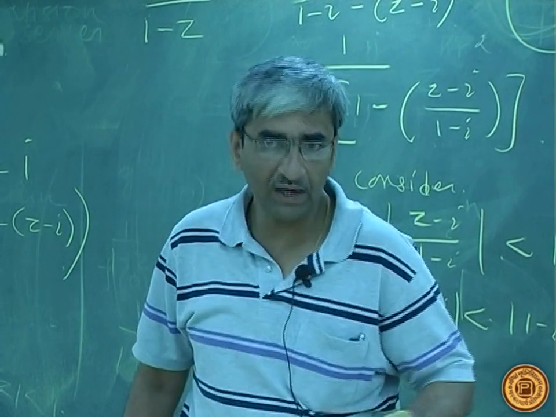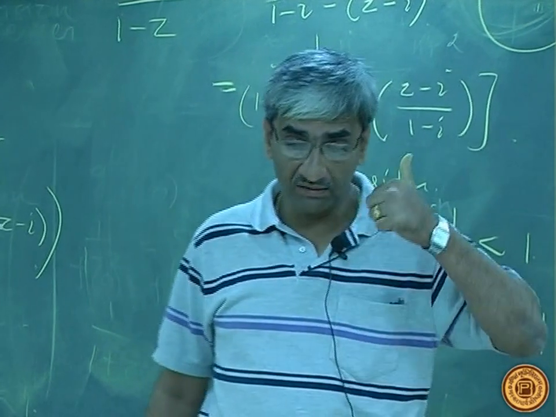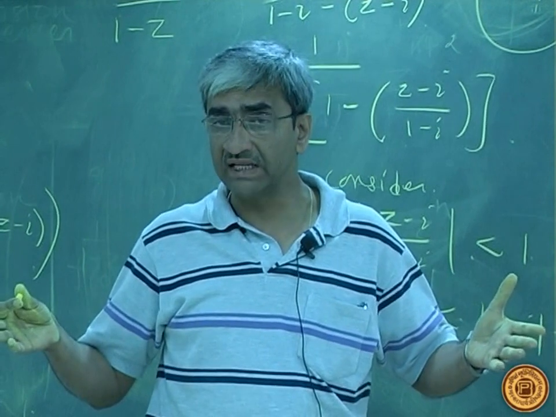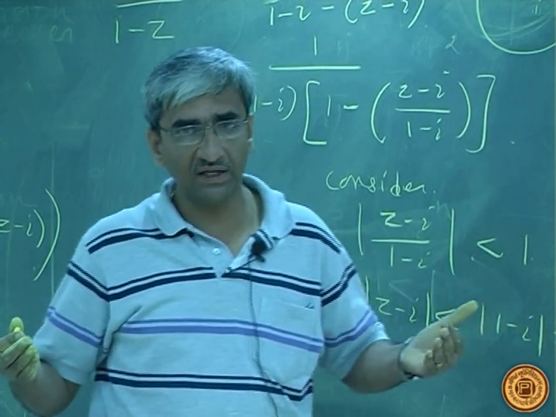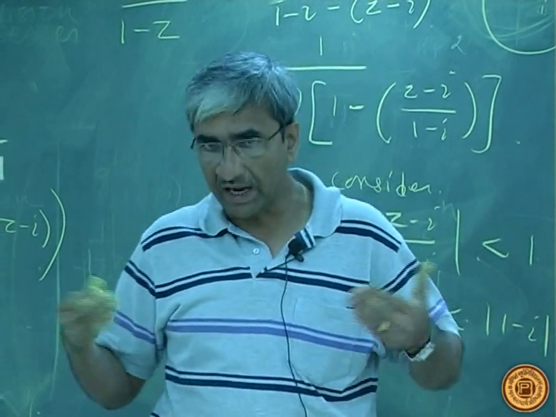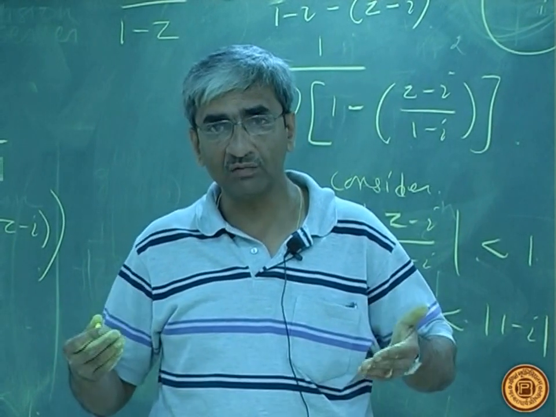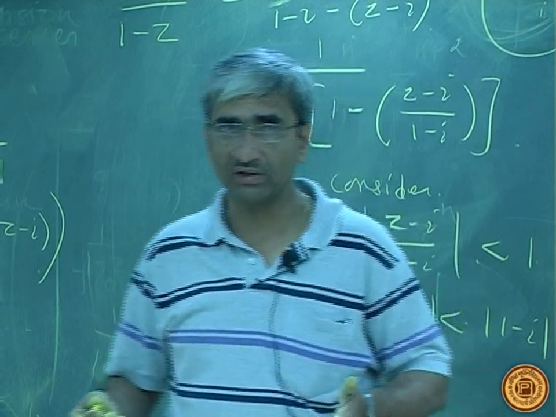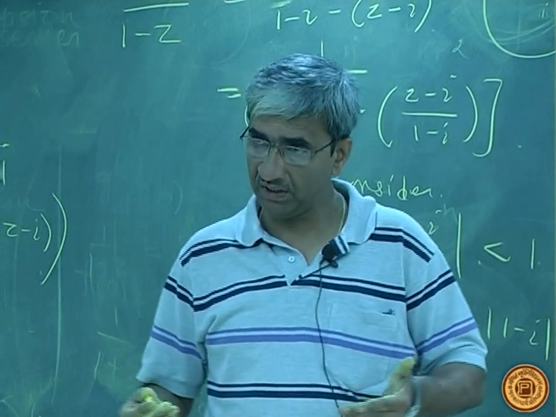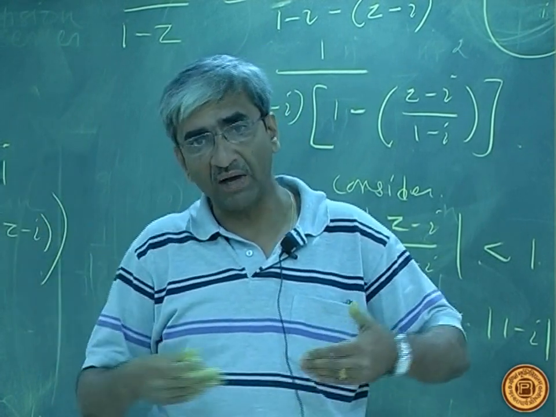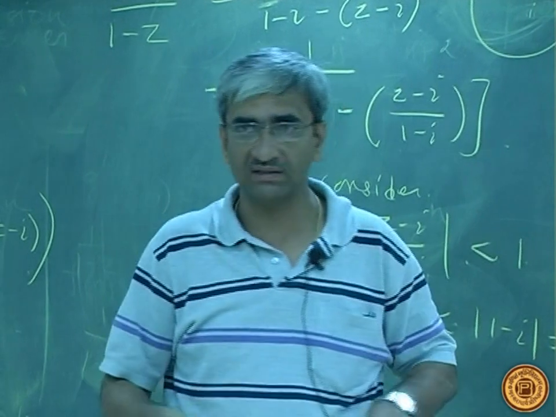But thanks to the Cauchy integral formula, we do have some series representation, in which we have powers of z minus z naught which are negative. So we don't get just non-negative powers. We get z minus z naught to the power 1, 2, 3, and similarly minus 1. So you will get negative powers of z minus z naught.